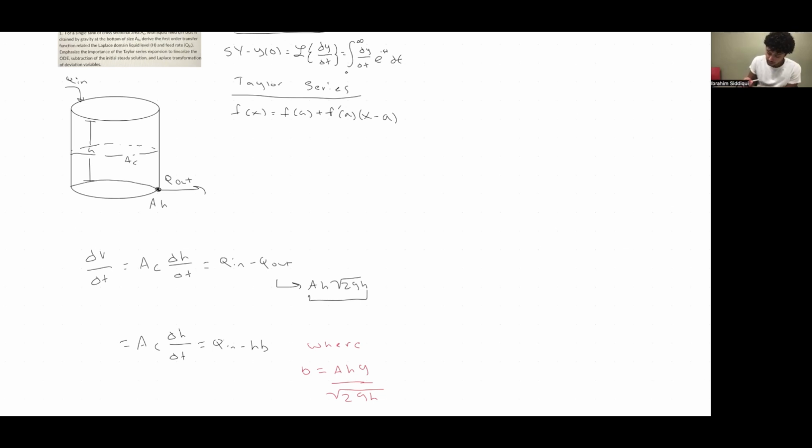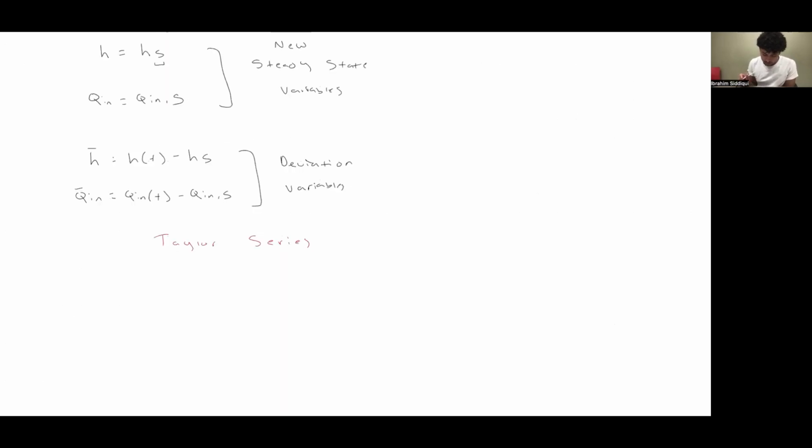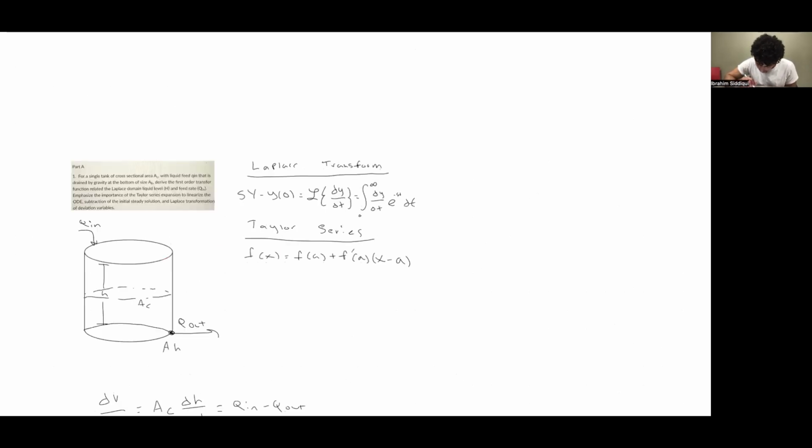So let's go ahead and do that. We want to linearize our height. So let's go back again and look at our problem. We want to linearize our ODE, the subtraction of the initial steady solution and the Laplace transform of deviation variables, that we just found.